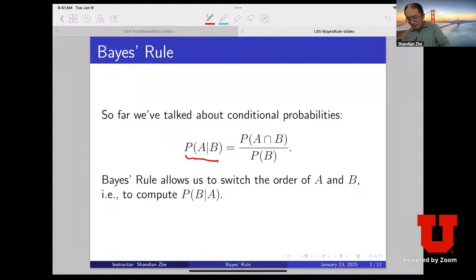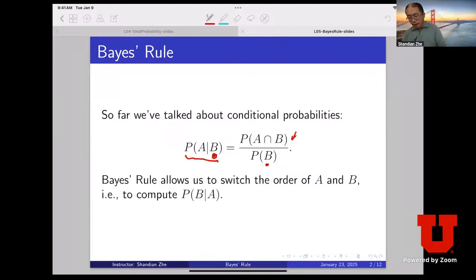We divide the joint probability of A and B, by which I mean the probability of A intersection with B, by the marginal probability of event B. One way to memorize this is to consider that the numerator is always the joint probability, namely the probability of the intersection of two events, and the denominator is the probability of the conditioned part.